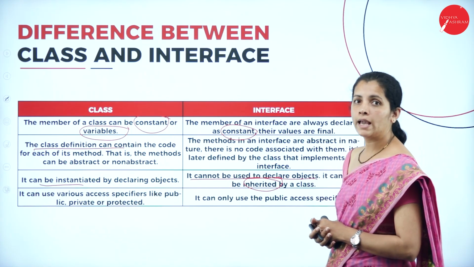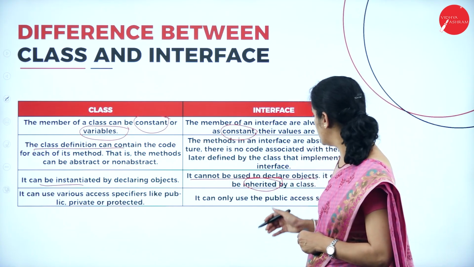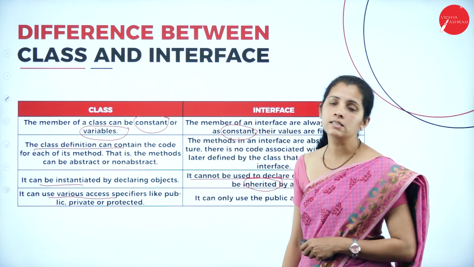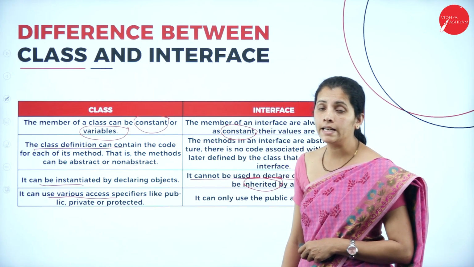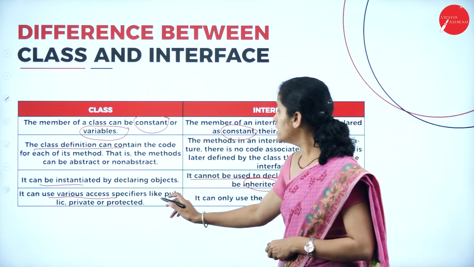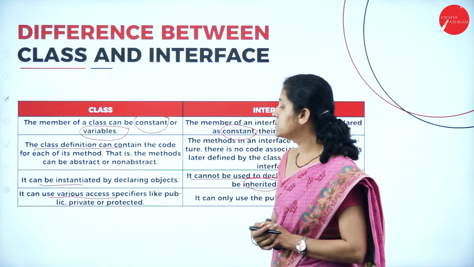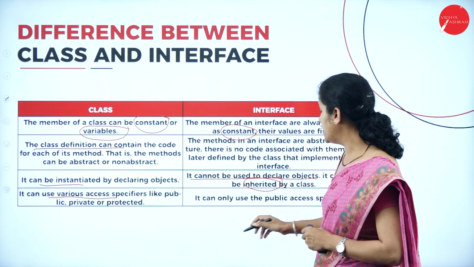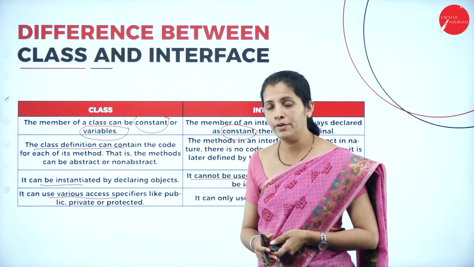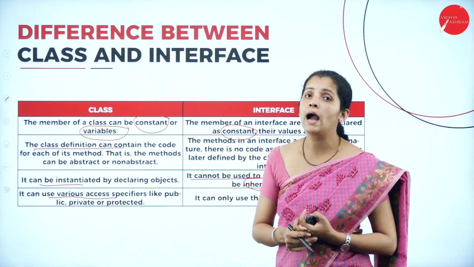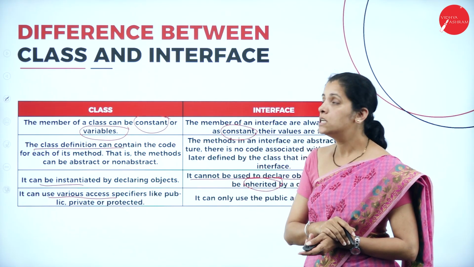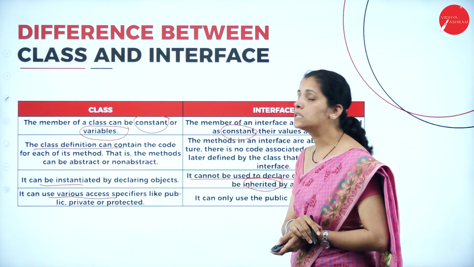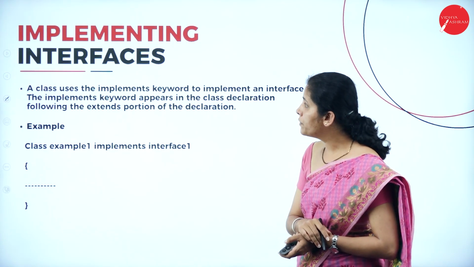Instead of that, we can inherit it. Now, a class can use various access specifiers like public, private and protected. But if I consider an interface, then it can have only the public access specifier. So, these are certain differences between class as well as interface.